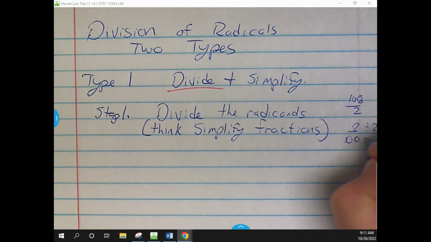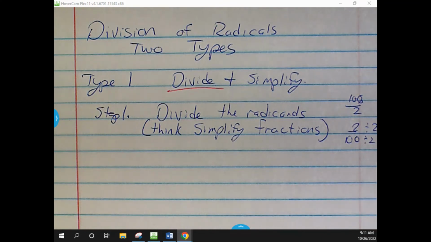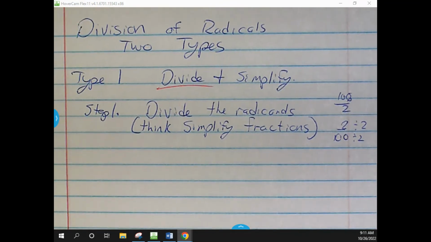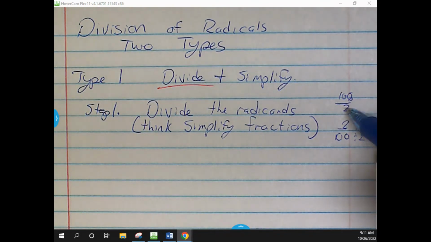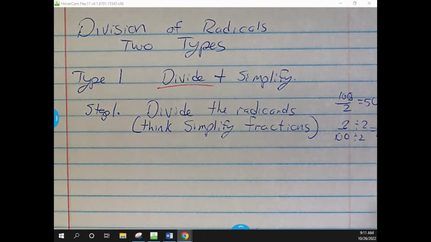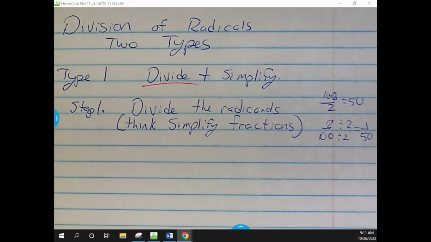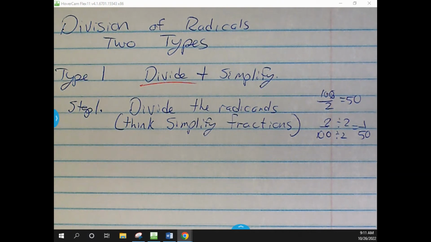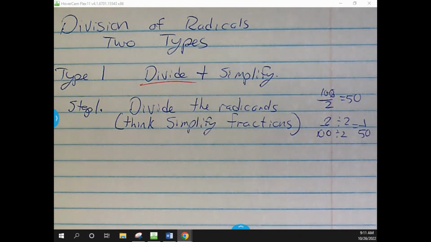I mean, you are, but you're dividing them both by 2 to simplify it. So for these, you've got to think like simplifying fractions, that you may be able to divide the denominator into the top and just simplify it and get 50. But if it's 2 over 100, then you got to think simplifying a fraction that would be 1 over 50. So just realize that the division might be actual division, but it may actually be simplifying a fraction too. So we're just dividing both things by the same thing there.